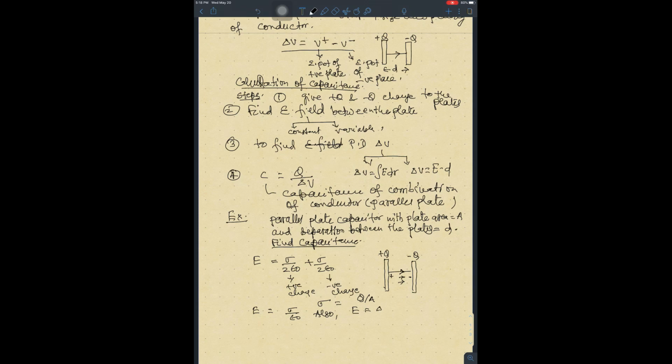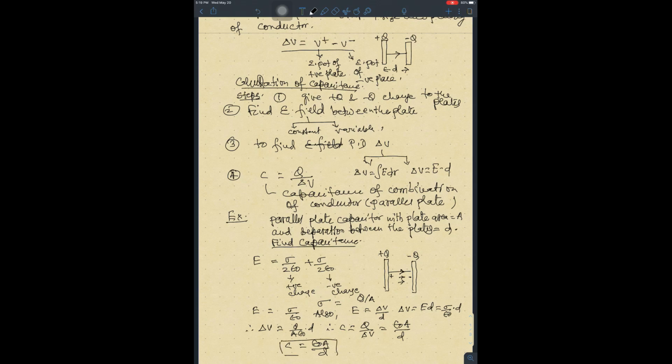E is equal to delta V by D. So delta V is equal to E into D, that is sigma by epsilon naught into D. Therefore delta V is equal to Q by A epsilon naught into D. Therefore C is equal to Q by delta V, that is epsilon naught A by D. So C is equal to epsilon naught A by D.